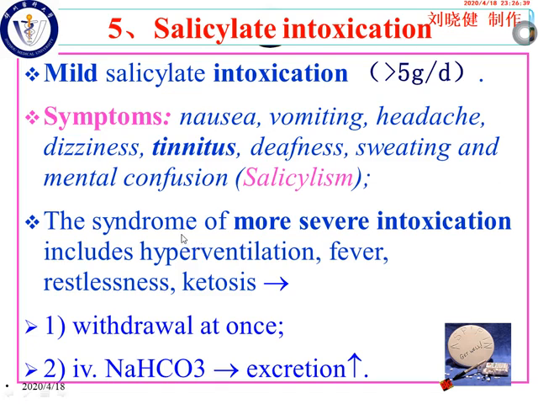So try to take some measures to rescue the patient's life. First one is to withdraw the drug at once. The next, more important, is intravenous injection of sodium bicarbonate to increase the pH value of the urine and then promote the excretion of aspirin.